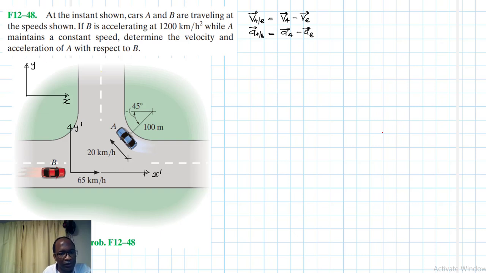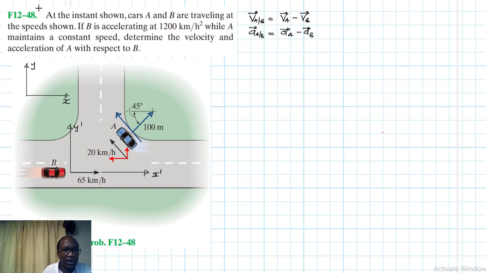So let's get some components. We could have a tangential component and the normal component there. These could have been accelerations, of course.